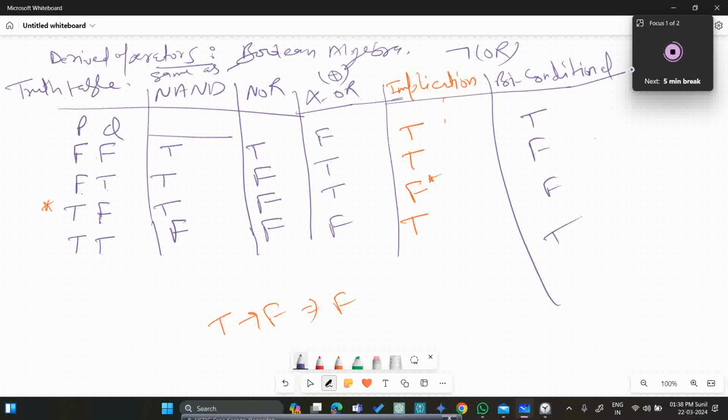It works as XNOR. We have to focus more on the implication operator in further videos. This is an important gate from the GATE exam perspective.